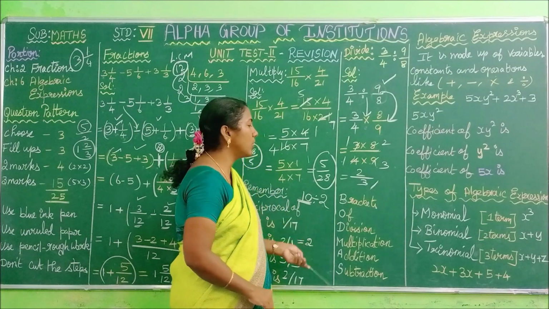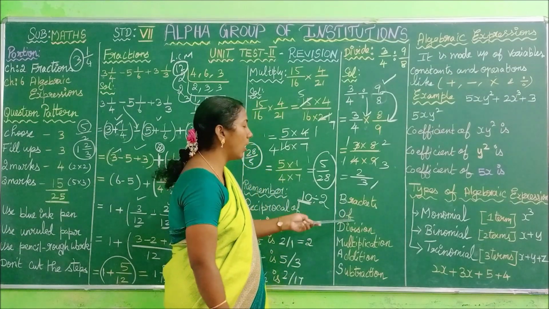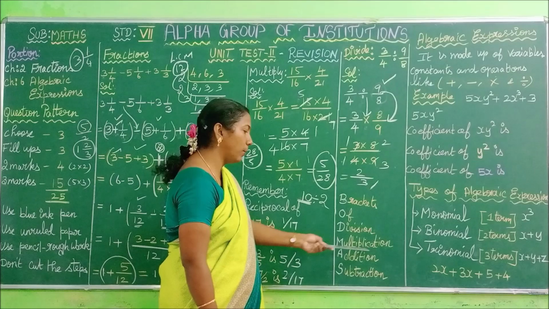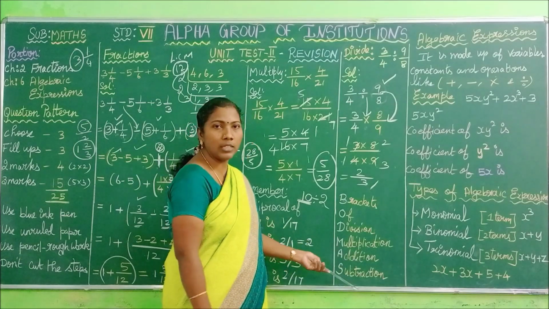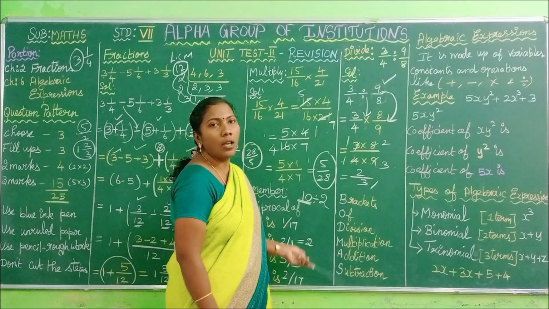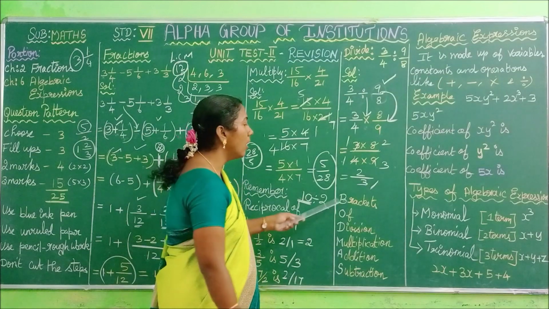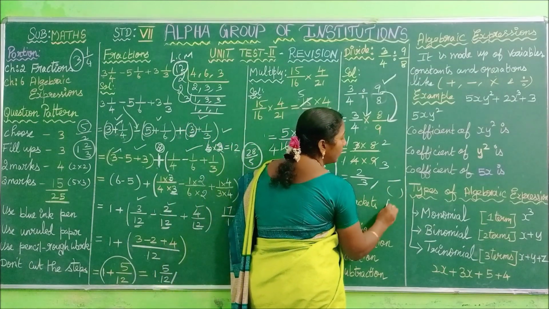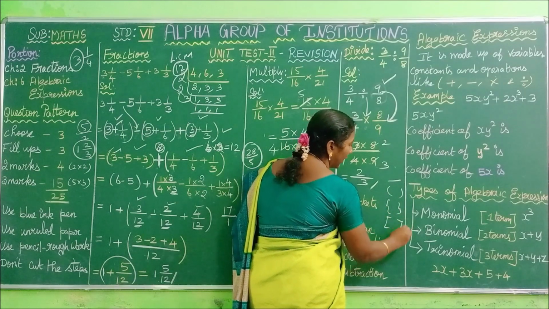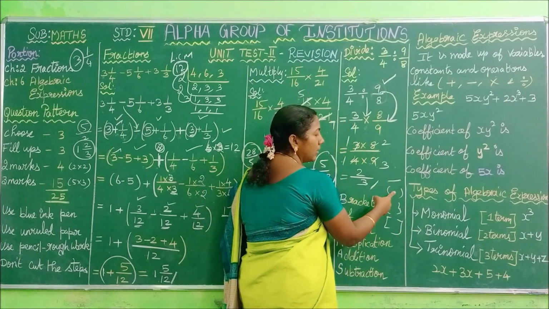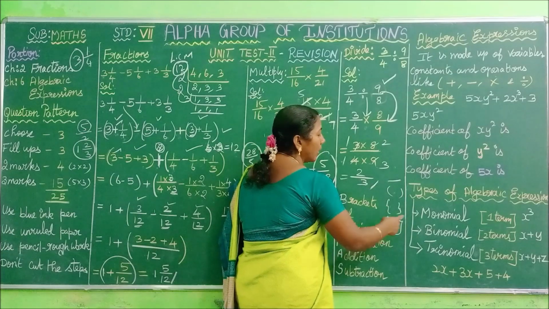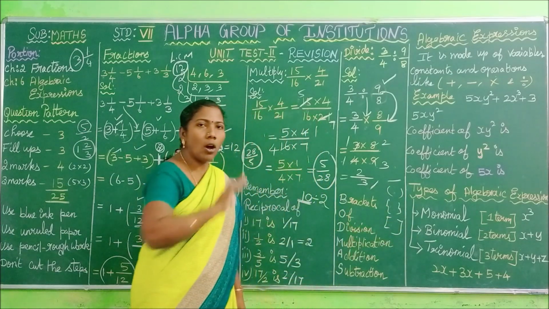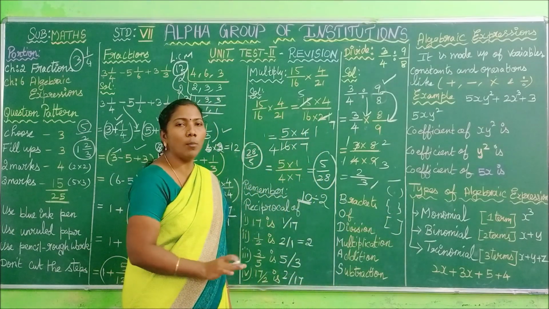What is the BODMAS rule? B for brackets, O for of, D for division, M for multiplication, A for addition, S for subtraction. You already know this BODMAS rule very well. Okay. And also once again I am recalling the types of brackets: vinculum, simple, curly, and square bracket. First we have to evaluate the vinculum, then simple, then curly, and then square bracket. Practice all the sums in your class or come to the homework board very well.